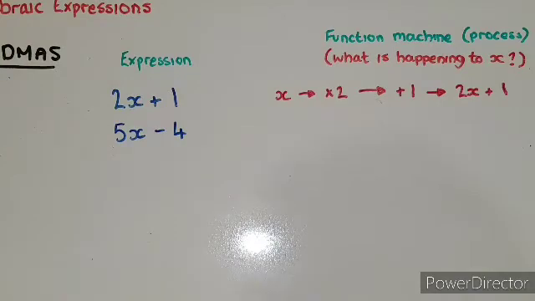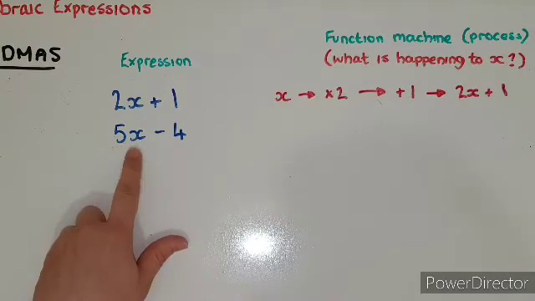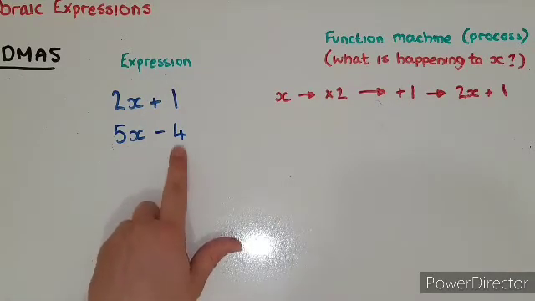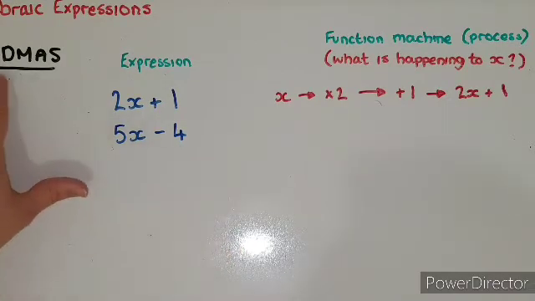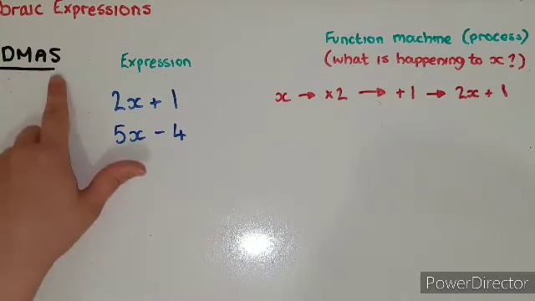So the next one I want to look at is 5x minus 4, or 5x subtract 4. So same again, I'm going to look at my expression first, the 5x minus 4. I'm going to identify everything that's happening here. So x sitting beside a 5 with nothing in between, meaning that the 5 is multiplying x. So we've got a multiply by 5. We've also got a subtract 4. I then look at my BODMAS and I see that multiply comes before subtract.